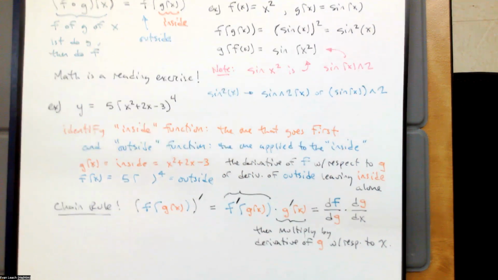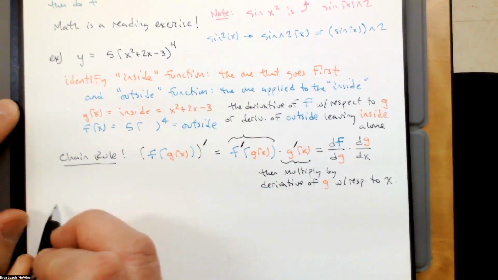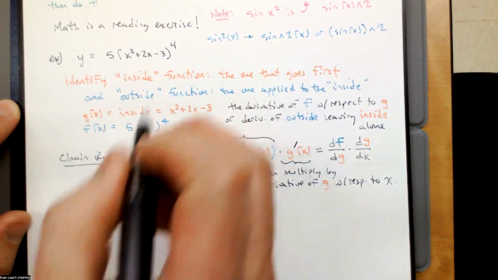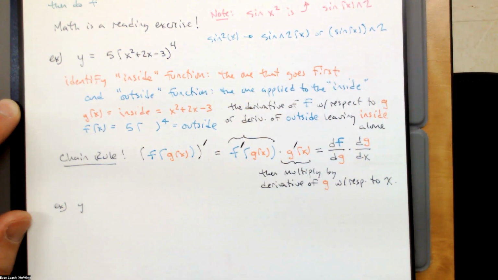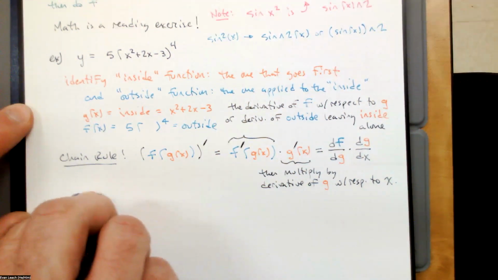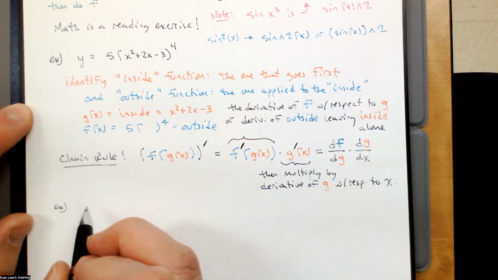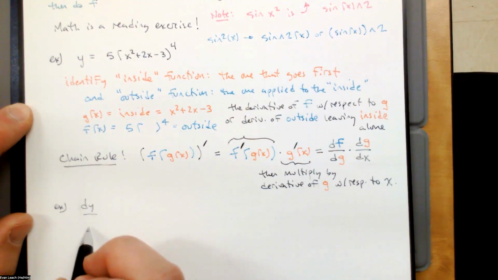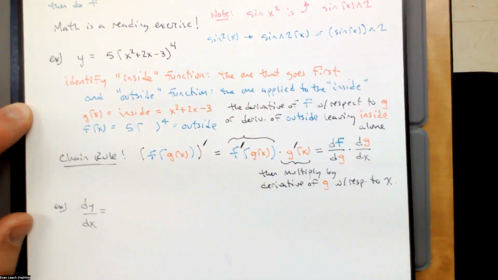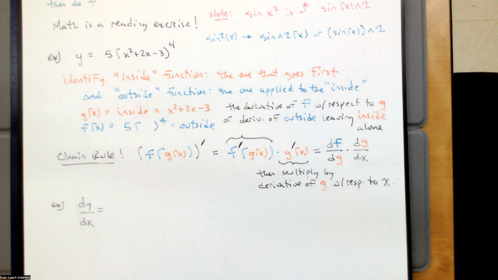Let's look at this example. So for example, we've still got y is equal, it's jumped off. Oh, it's still on the screen. So if I want to find dy dx, I'm going to take the derivative of the outside with respect to the inside. What's the derivative of 5x to the fourth?